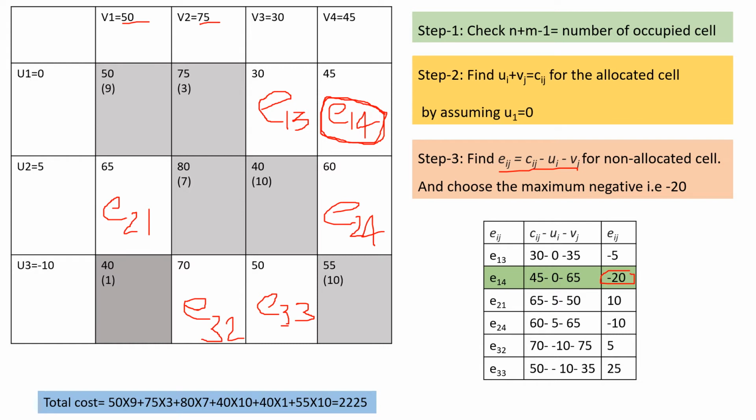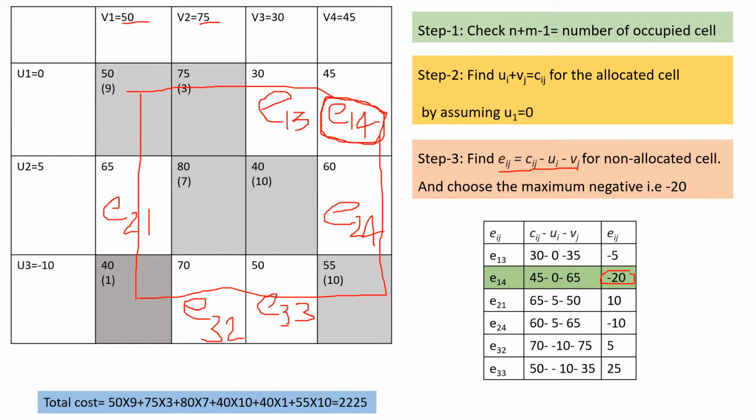So from this, let's move to the next stepping cell, the next allocated cell, here. Here we go. We can go like this, and the next is we can go like this, and the next we can go like this, and we can return back to our origin, our initial point.